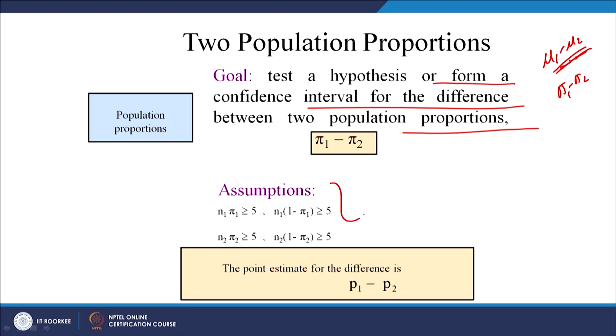Of course, the assumptions remain the same, so n pi and n times 1 minus pi both have to be greater than or equal to 5. We will use this point estimate for the difference, and this to hypothesize population proportions.